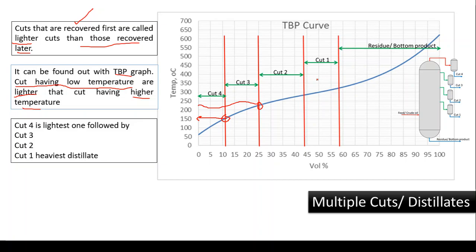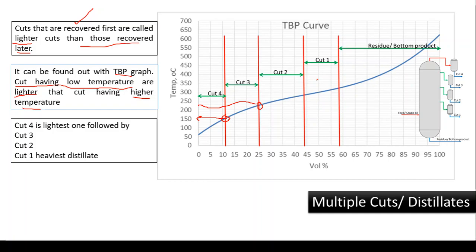After that, the residue is there, but we are not going for the residue because our main concentration is on the distillates. As far as lighter and heavier are concerned, be careful: don't be confused that cut 1 means lighter. No, this is not so. You have to look at their location in the TBP curve. In this case, cut 4 is the lighter one.